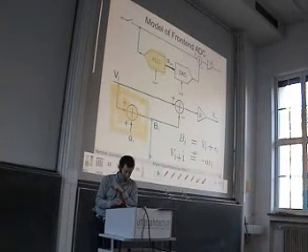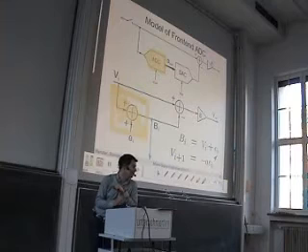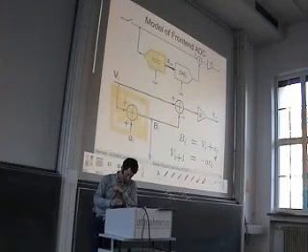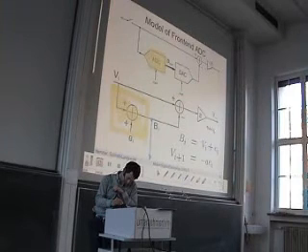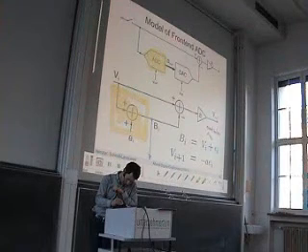So this is B equal to V plus E. E is the quantization error. Okay? Then we write this down.